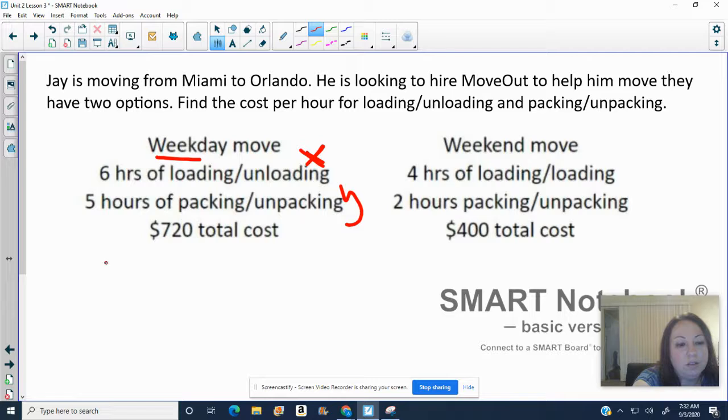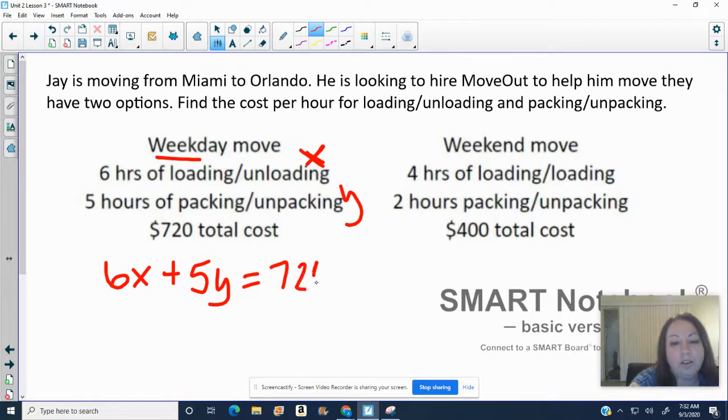So 6 hours of loading and unloading looks like 6X. Nothing crazy about that. Plus, they are also going to do 5 hours of packing and unpacking, so we will call that Y. And the total there is going to be $720. Nothing crazy about setting this up. And then Desmos is going to do all the hard work for us.